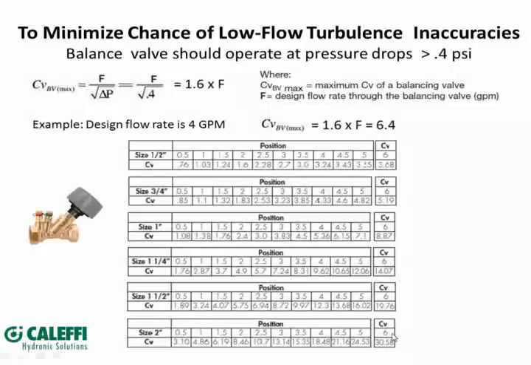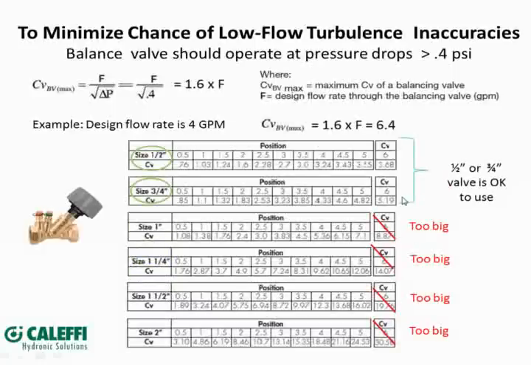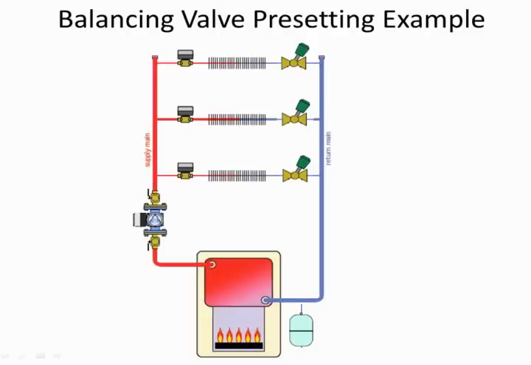Well, we don't want to be above 6.4, so that's way too big. In fact, anything 1 inch or greater has too much of an open valve flow coefficient. It's not until we get into 3/4 inch and 1/2 inch that we have flow coefficients under 6.4. So the 1/2 inch and the 3/4 inch would be okay to use in our case where we want to control flow to 4 gallons per minute.